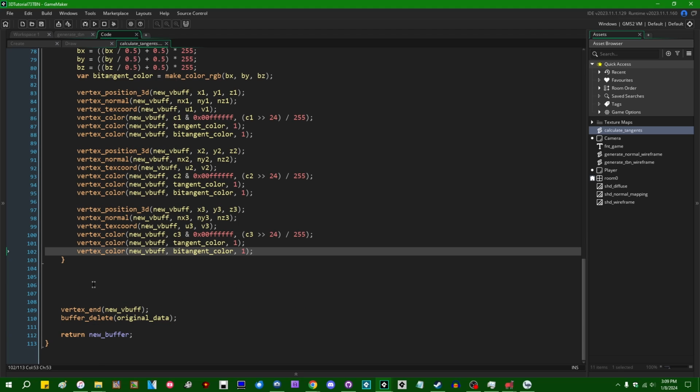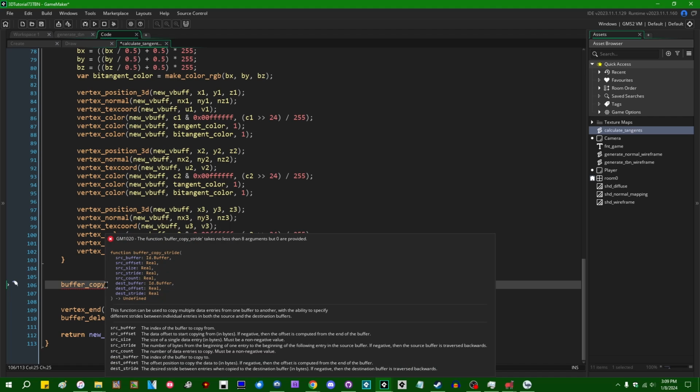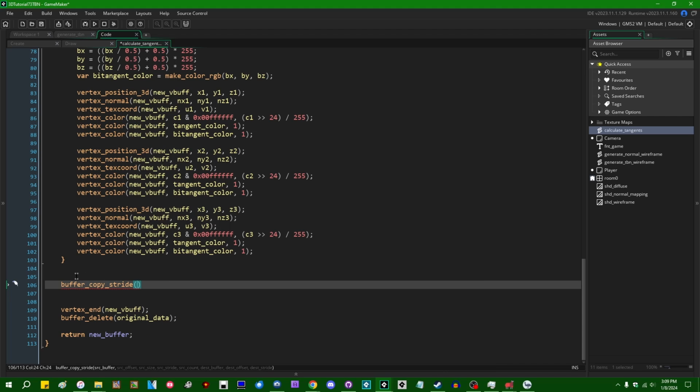I should mention, by the way, that GameMaker did recently, I believe, introduce in an update a function that is buffer copy with a stride, and this is effectively the same thing as buffer copy, but you can add some blank space in between some intervals in the buffer.